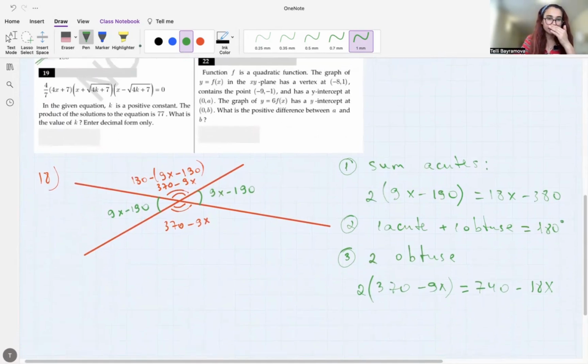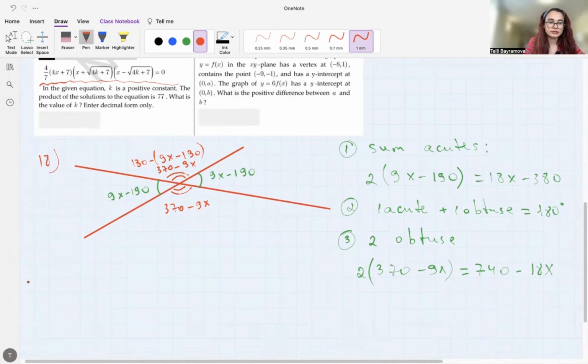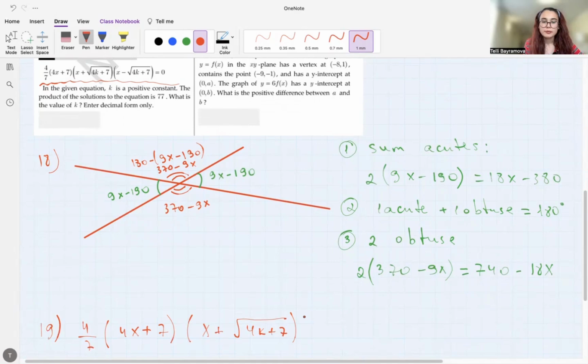Question 19 is one of the best questions for this section. Let's look. 4 over 7 times (4x plus 7) multiplied by (x plus root of 4k plus 7) multiplied by (x minus root of 4k plus 7) equals 0.